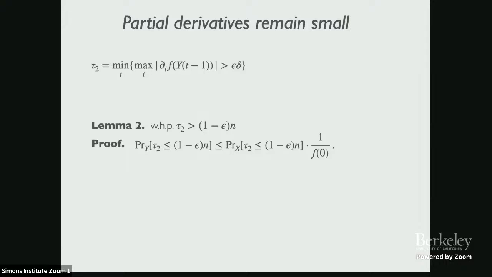This is again just using the fact that these two probability measures differ by a factor of at most f evaluated at your current point divided by f0, and that is at most 1. And f0 is some constant, so we can ignore this part. We just need to analyze the probability that our uniform process will hit some point where this partial derivative becomes too large at an early point.